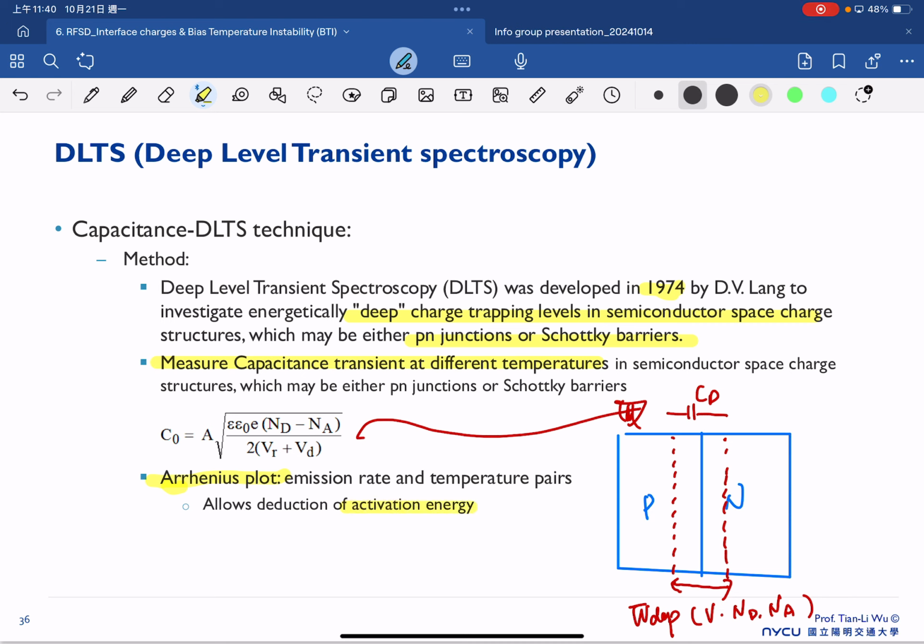And one thing I also want to mention, as already mentioned in the first class, is that reliability overall is a very practical engineering thing. Of course there are so many theories behind it, but my experience is that I knew DLTS for a really long time, but the real feeling that I finally understand DLTS came when I started to do DLTS measurements. I started to characterize, do DLTS, and analyze the DLTS results.